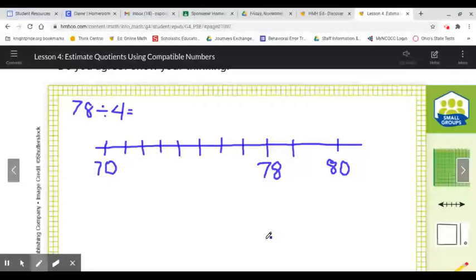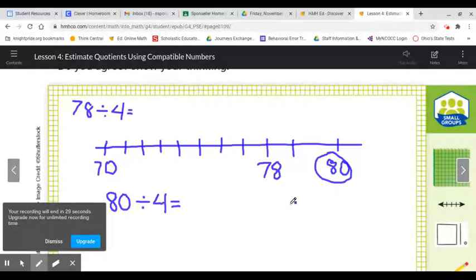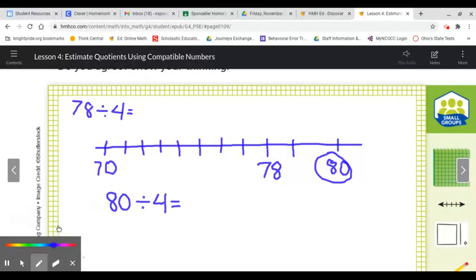Looking at our number line, can you tell which of these two, 70 or 80, that 78 is closer to? It is closer to 80, okay? So to get an estimate of what 78 divided by 4 is, we could take the number 80 and divide it by 4 to find the quotient and get a number that is about what we're looking for, okay? 80 divided by 4, we can solve by using a basic fact. 8 divided by 4 is 2.